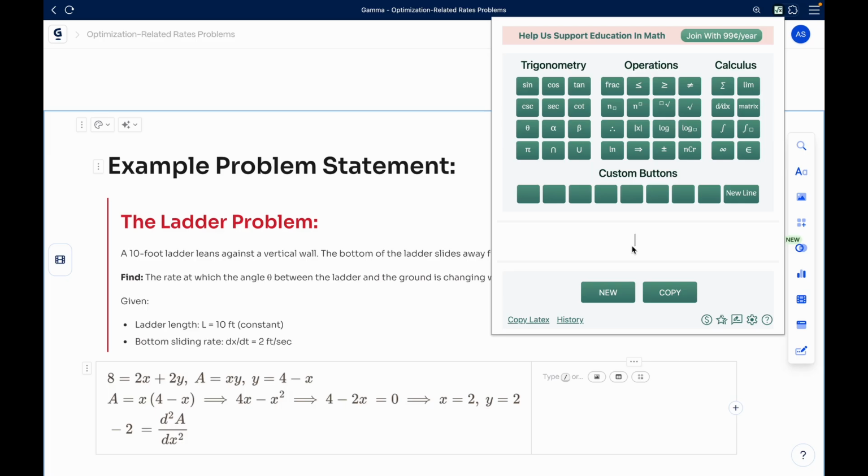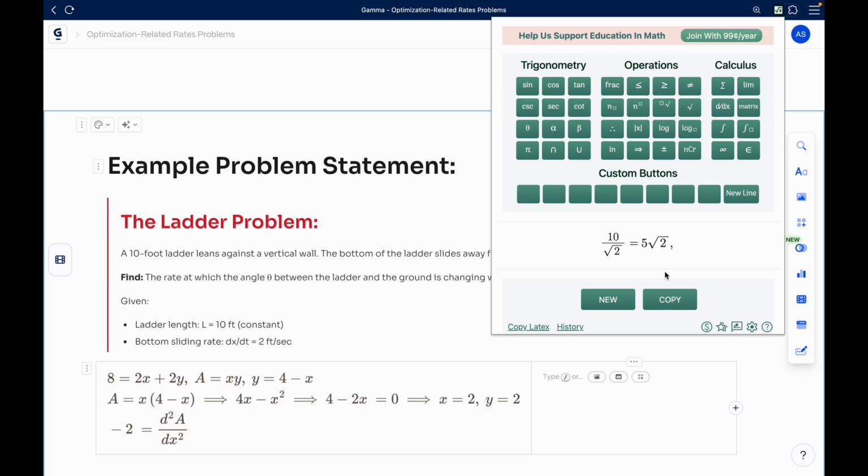So since 10 foot is the hypotenuse of the triangle, we divide it by the square root of 2. 10 divided by the square root of 2 is the optimal side length of the triangle, which is equal to 5 multiplied by the square root of 2 for both sides.